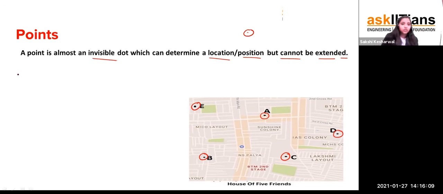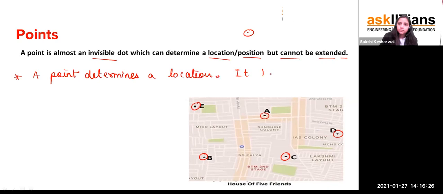So this is a dot, that is a point. A point determines a location. These are important points.